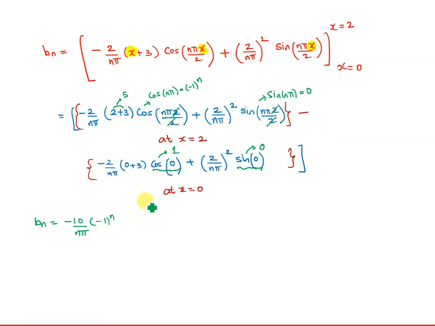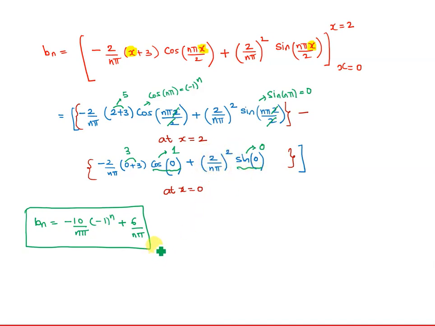Minus minus becomes plus. 0 plus 3 becomes 3. 3 times 2, 6. 6 over n pi. Here cosine of 0 is 1. So this is the value of Bn. Because the last term, again sine of 0 is 0 and multiplied by this, it becomes 0.